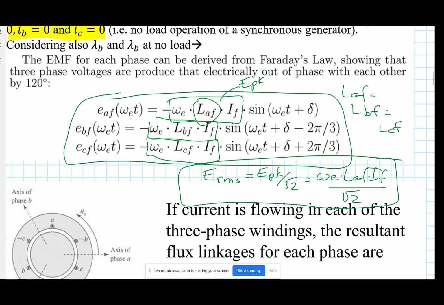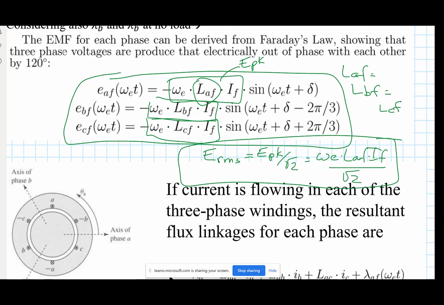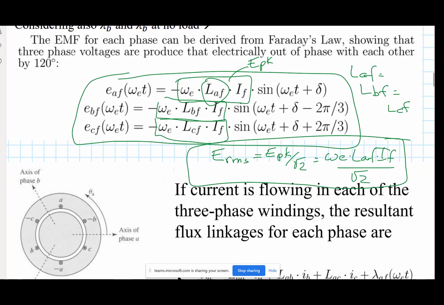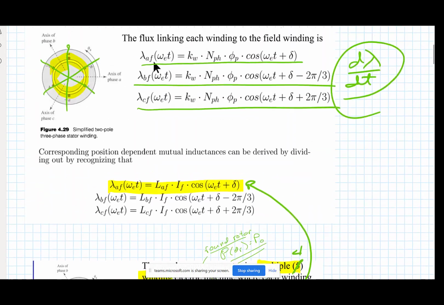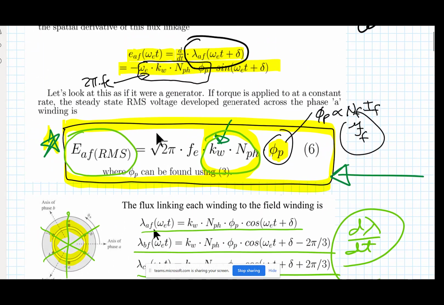If you don't have information about the geometry of the core and the flux density, but you do know what that inductance is, and you do know what the field current is, you can find the voltage. And so that's essentially equivalent to this expression right here. There's two ways to find it.